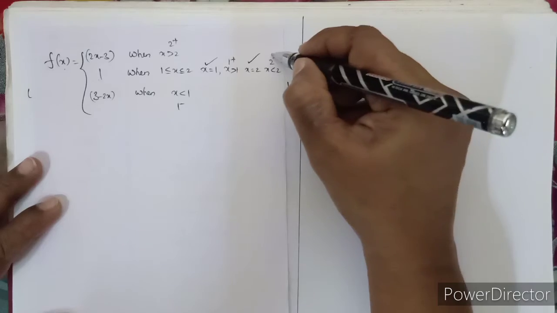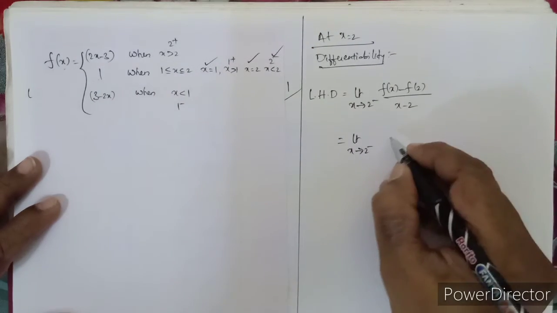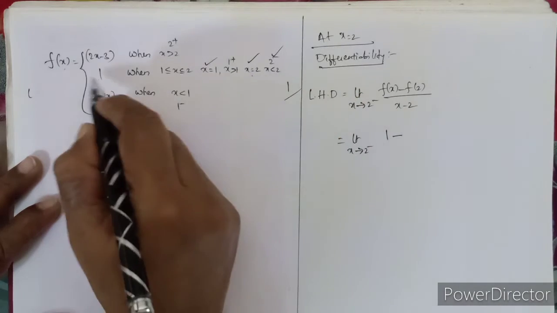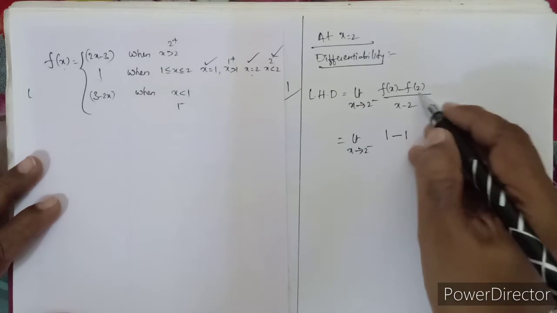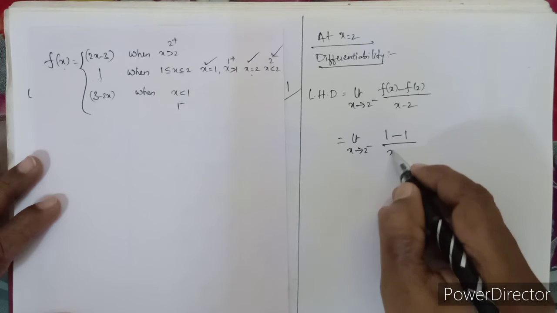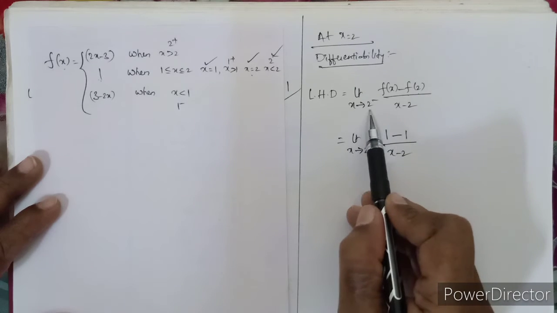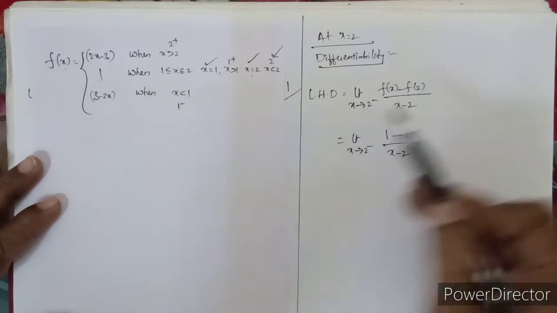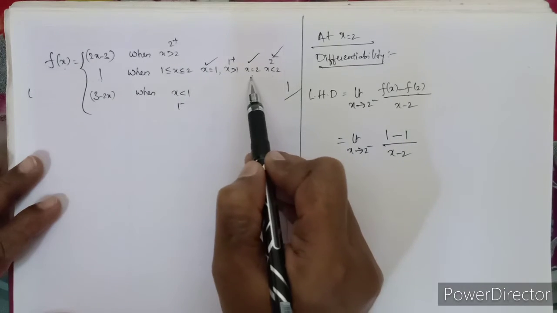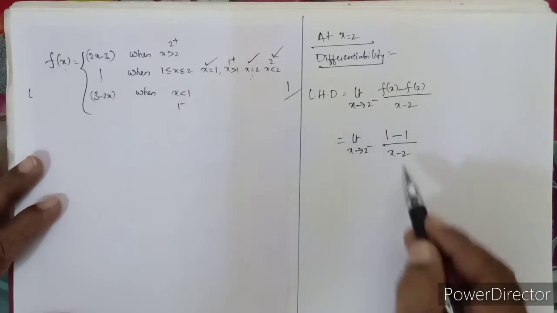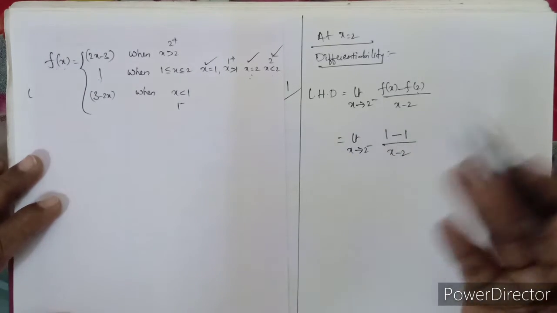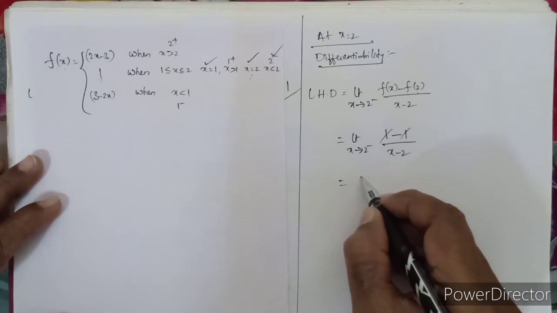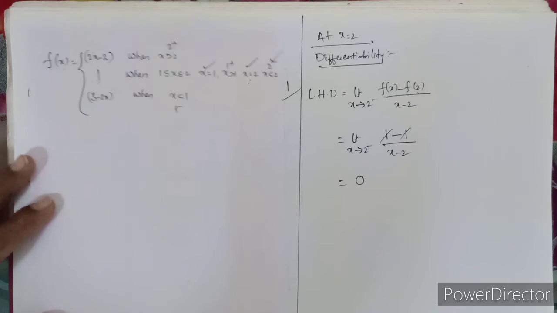When x is in 2 minus, f of x is 1. F of 2 we want. When x is equal to 2, f of x is 1. So f of 2 is 1 by x minus 2. Both f values are 1. So 1 minus 1 is 0, 0 by something is 0. So we got left-handed derivative 0.